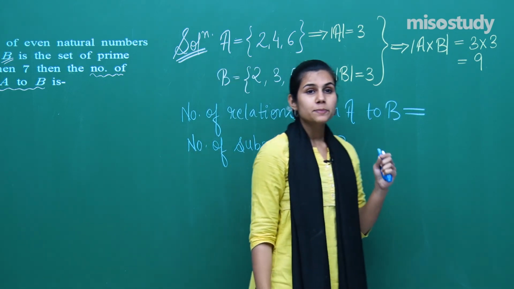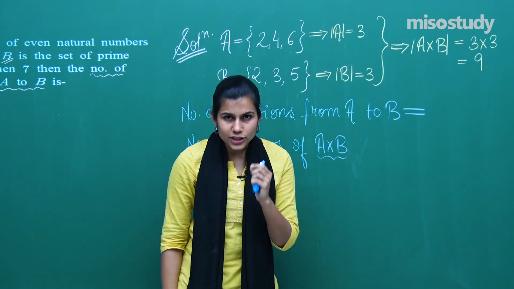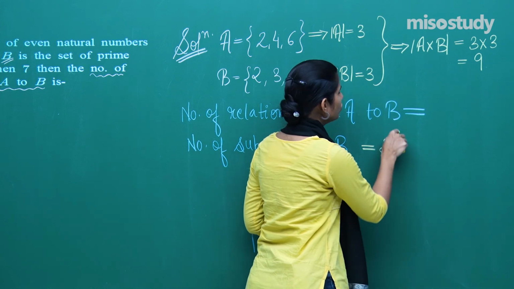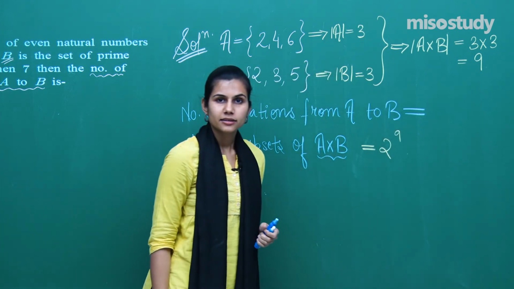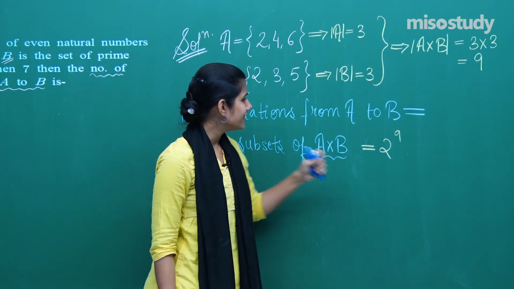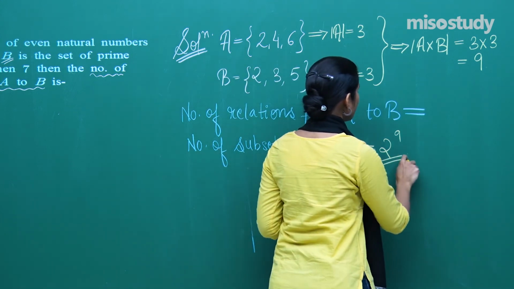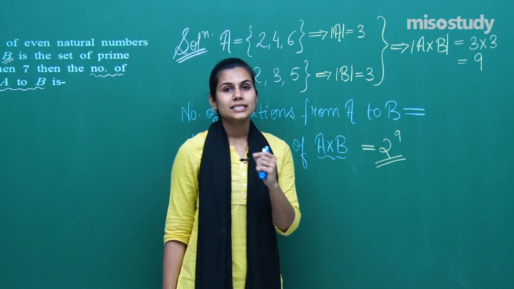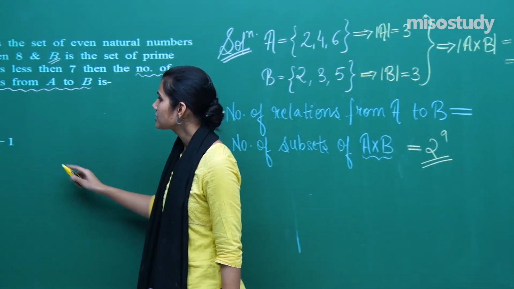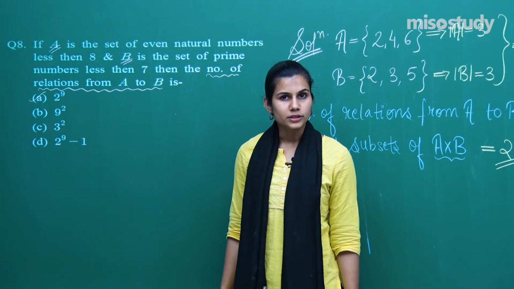And if A cross B has 9 members, then the number of subsets of A cross B are what? They are nothing but 2 to the power 9. That means the number of subsets of A cross B is 2 to the power 9, or I can say the number of relations from A to B is 2 to the power 9, because 9 is the number of members sitting in the set A cross B, and that marks option number A to be the correct option.